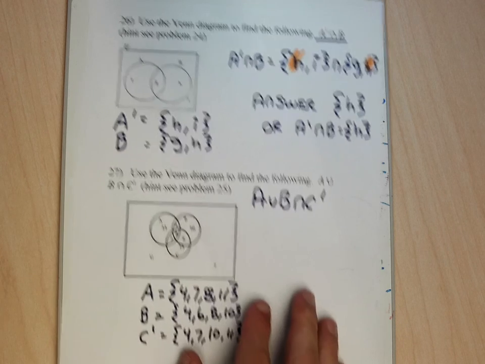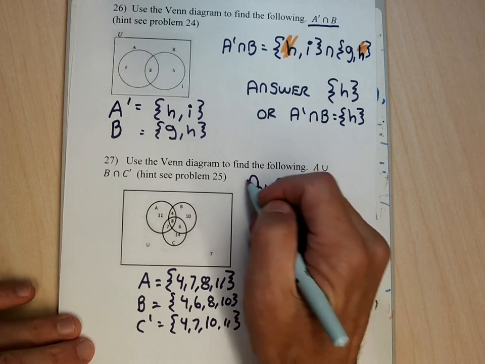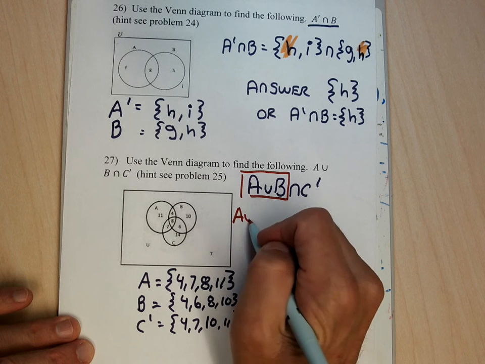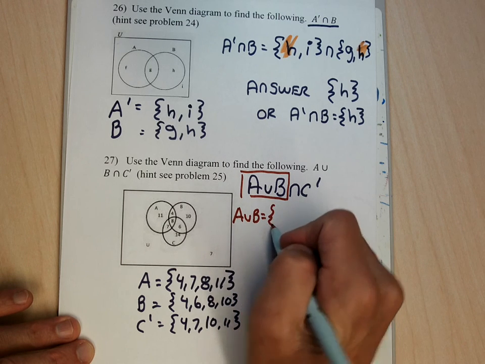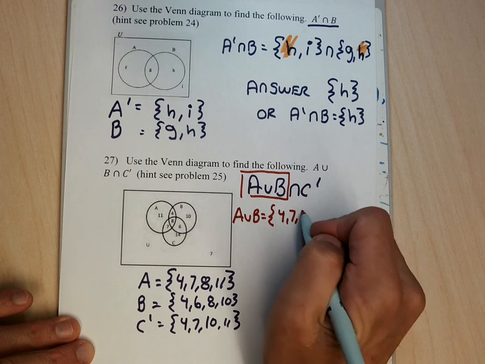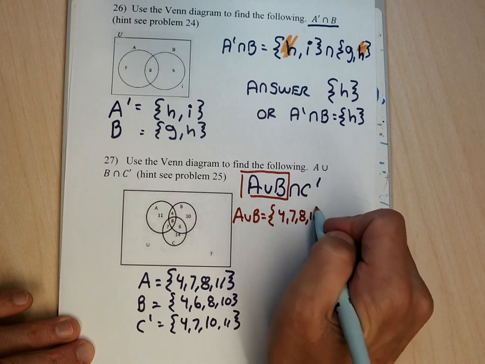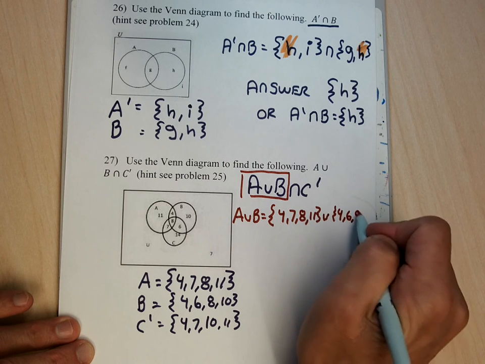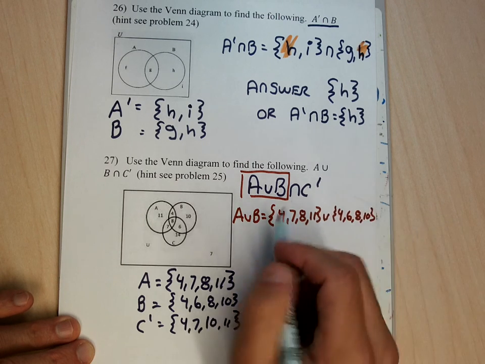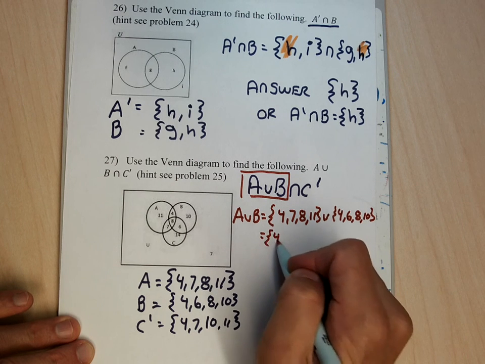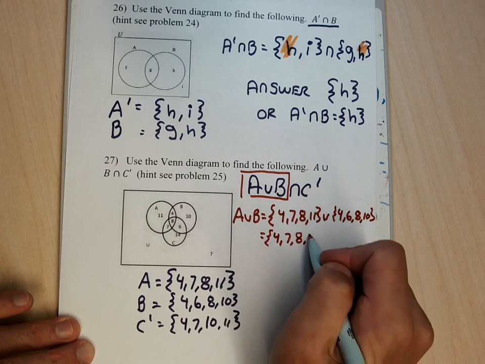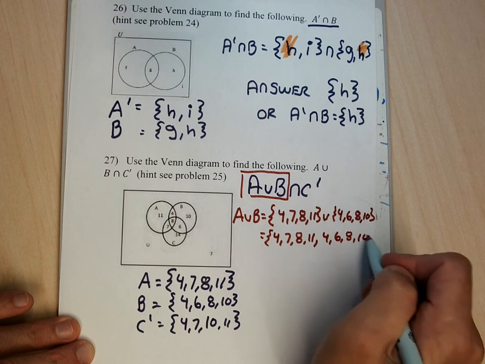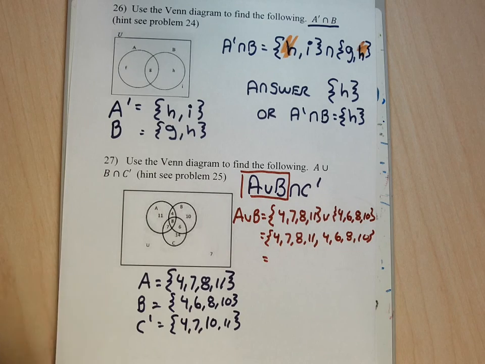And now let me figure out how to get through this. First I'm going to do A union B. To do A union B, I'm going to write the 4, 7, 8, and 11 in place of the symbol for A, and the 4, 6, 8, and 10 in place of the symbol for B. When I union two sets, I usually start off by just taking all the elements and jamming them together in a big set, and then I get rid of any duplication.